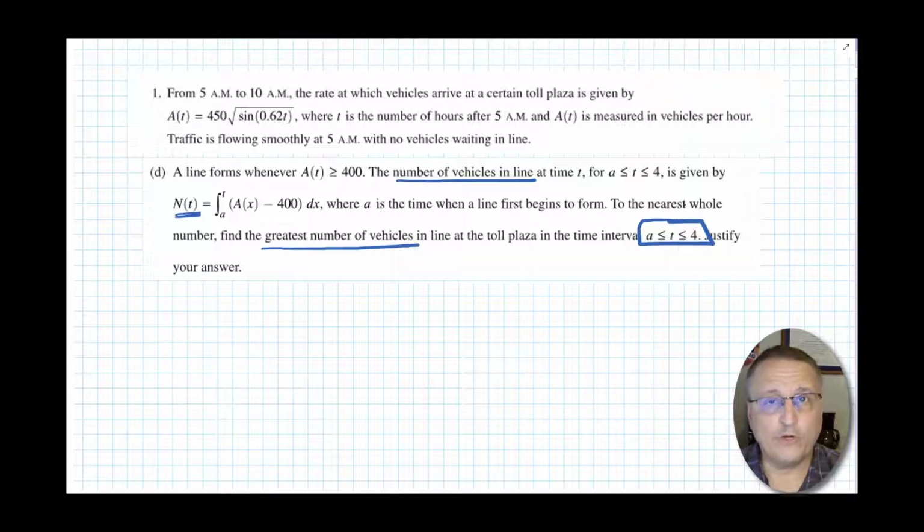Those are located either at the endpoints of the closed interval or at the critical values within that interval. So we're first going to establish that we're using this theorem, and we're going to say the following.